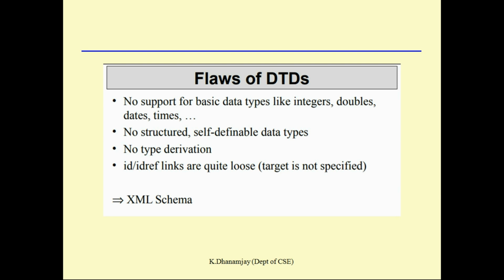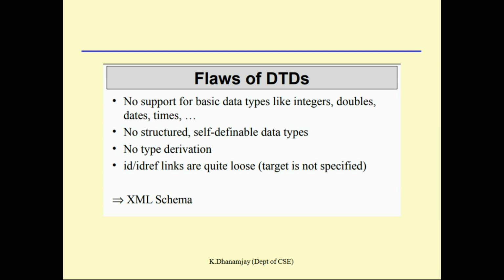There are no built-in data types in DTDs, and no new data types can be created in DTDs. The use of cardinality, that is the number of occurrences of an element within its enclosing element, is limited in DTD, and namespaces are not supported. DTDs provide very limited support for modularity and reuse, and we cannot put any restrictions on text content.